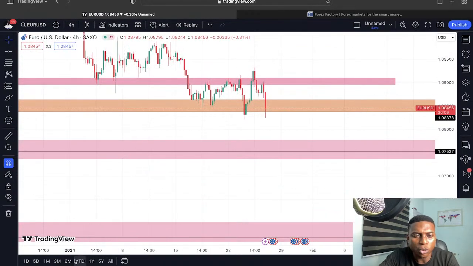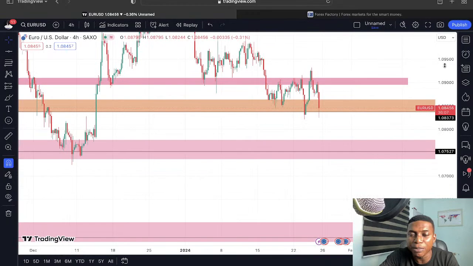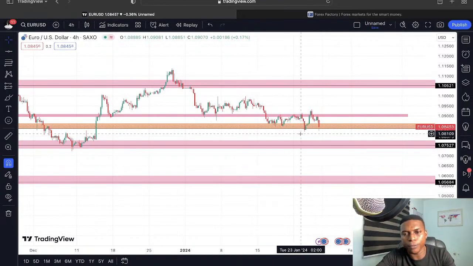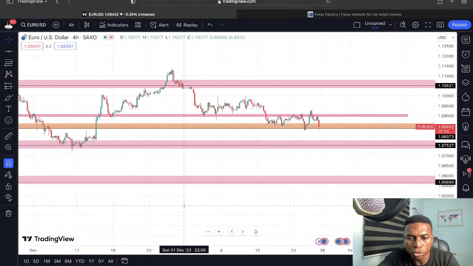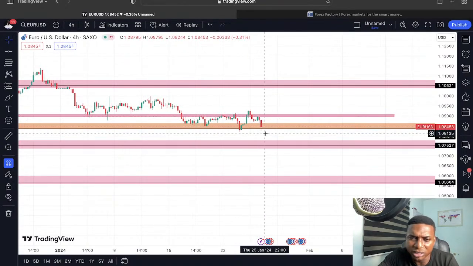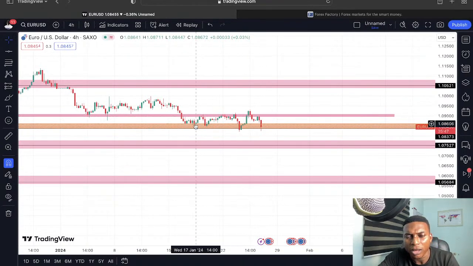All right, so when you look at this on the 4 hour time frame now, you definitely see that price has been taking a buy momentum to the upside. And then we saw that the news came in and changed the direction of the market.